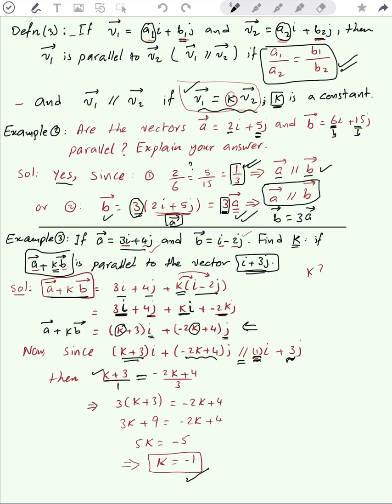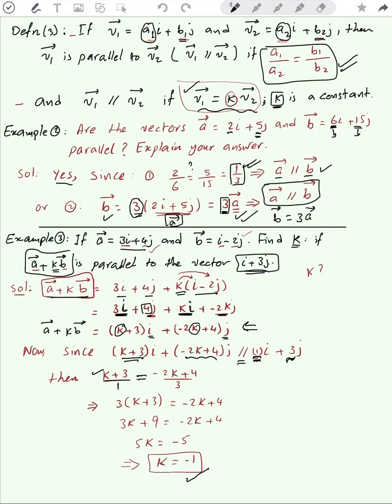How did I do this? This is 3i, this is ki, like terms. So 3i plus ki is equal to (k plus 3)i. The same for j components: 4j, negative 2kj, so it's (negative 2k plus 4)j.